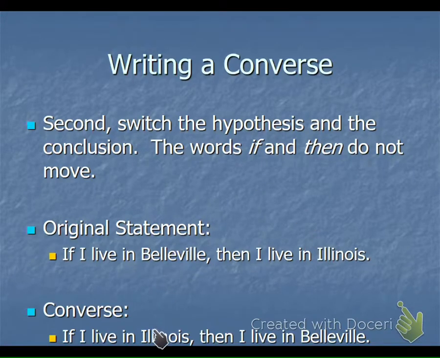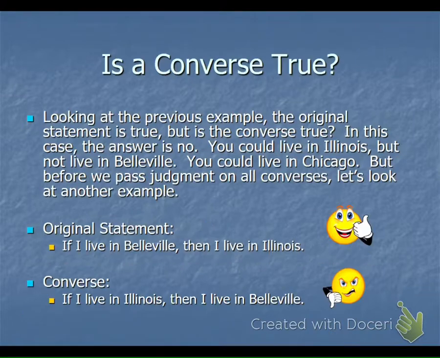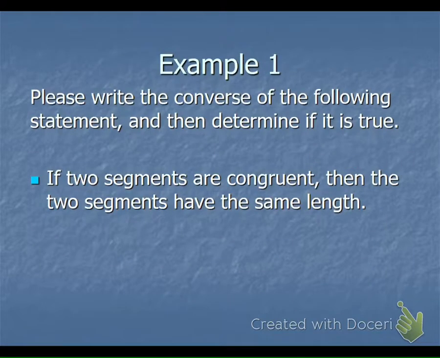Like I live in Columbia, but I still live in Illinois, right? So you can live in Illinois without living in Belleville. So this is a statement that is not true. Sometimes the converse is true, sometimes it is not. We're more concerned with just flip-flopping it. Sometimes it'll ask if it's true, sometimes it won't, but usually you're just flip-flopping it, and that's that.